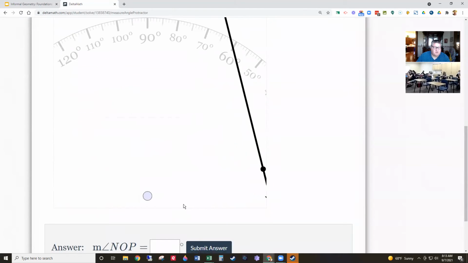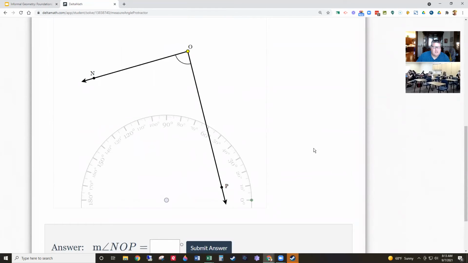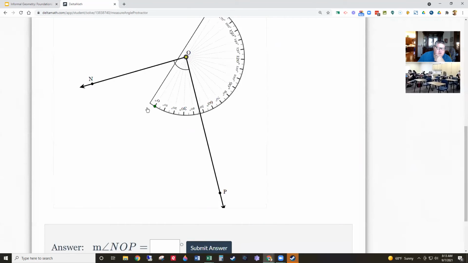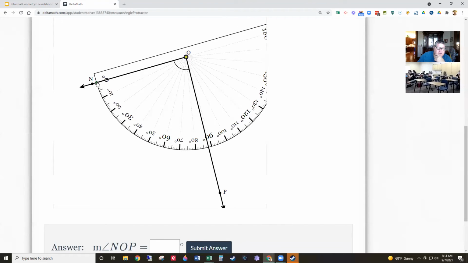Here we go. All right. Oh, by the way, if you guys need to zoom in on your pictures or zoom out, you can use the pinch on your touchpad, or if you have a mouse, you could use a scroll wheel. So here we go. Put it on 0. Line it up along one side. So I put the center at the vertex, one side.